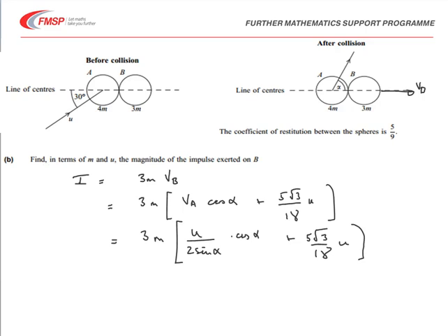Well, the cos alpha over sine alpha we know is cot, and we had that as being equal to root 3. So this is 3m, and then we've got root 3 over 2 times u plus 5 root 3 over 18 times u.